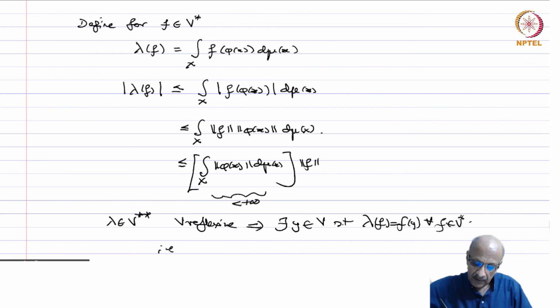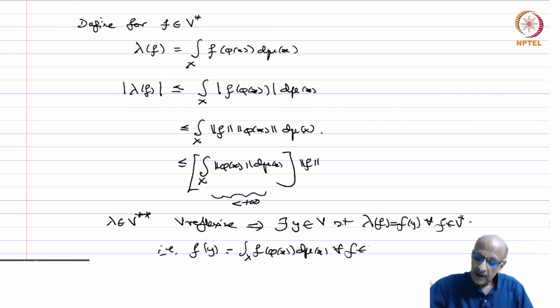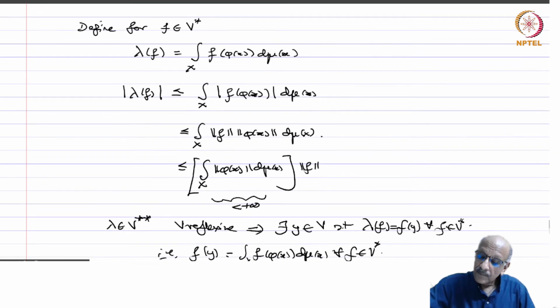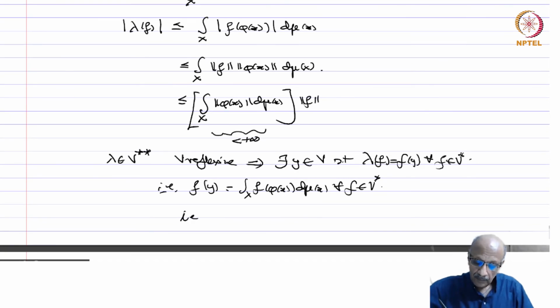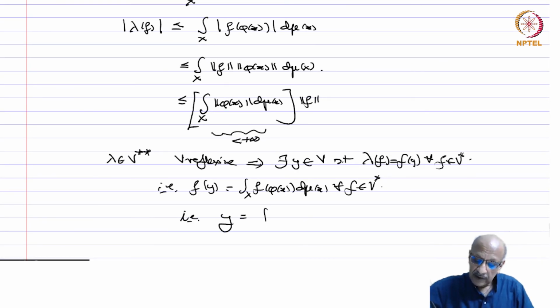That is, f of y equals the integral over X of f of phi of x d mu of x for every f in V star, and that is exactly saying that y is the integral of phi. Okay, so by definition y will be the integral of phi of x d mu x over X. Okay, so we will stop with that. Thank you.